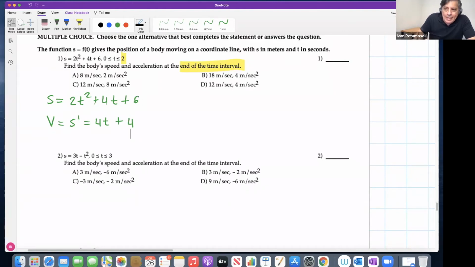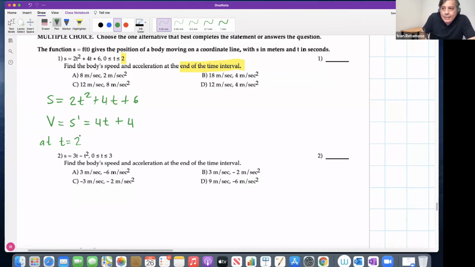Great. Now, they want this velocity at t equals 2. How do you know it's at t equals 2? Sorry, how do you know, Professor? Well, because it's at the end of the time interval. The time interval is from 0 to 2, so the end of the time interval should be at t equal 2.